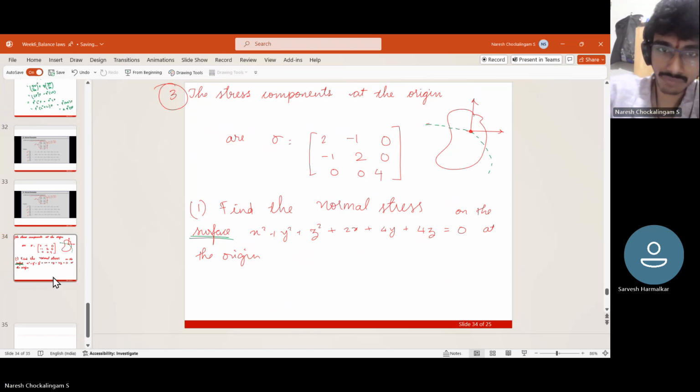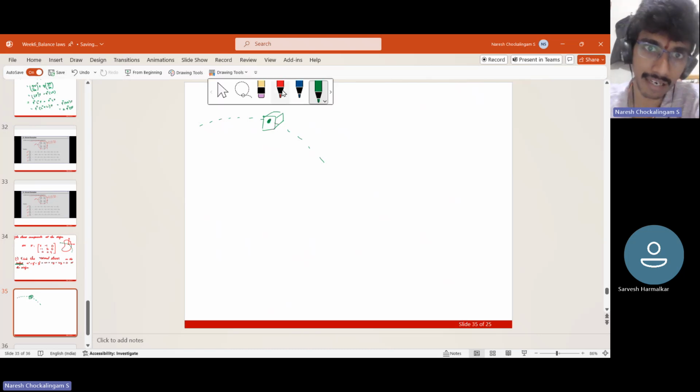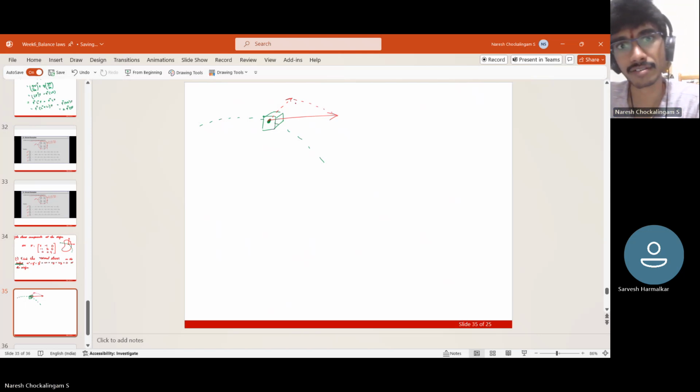You have a surface and this is a point on the surface. At that point, I know the stress tensor and I want the normal, and on this surface, I can have both normal and tangential shear tractions. I'm interested in the normal traction.